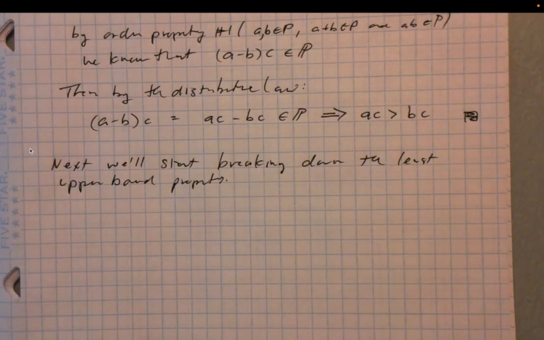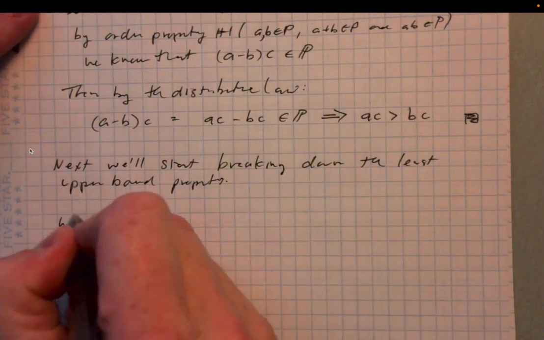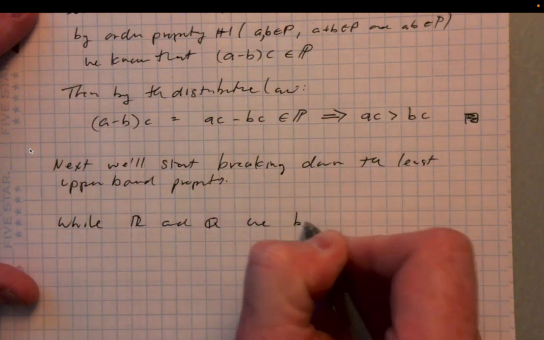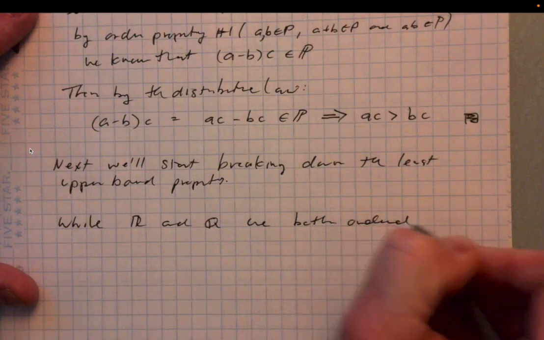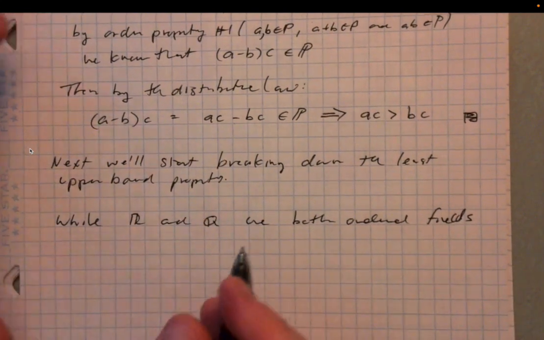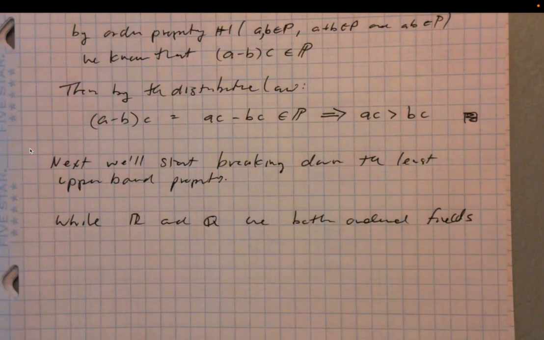Now, what we'll see is that while both R and Q are ordered fields, right? So this is going to be kind of one of the big results. While R and Q are both ordered fields, only R has the least upper bound property. It holds for R alone.